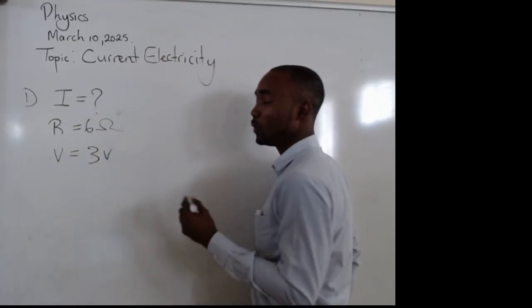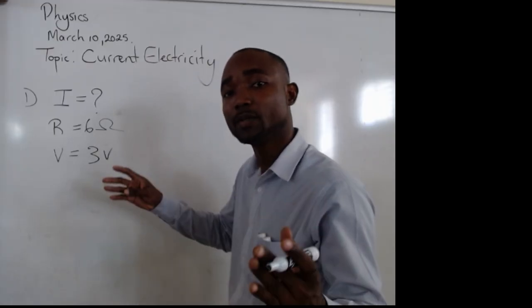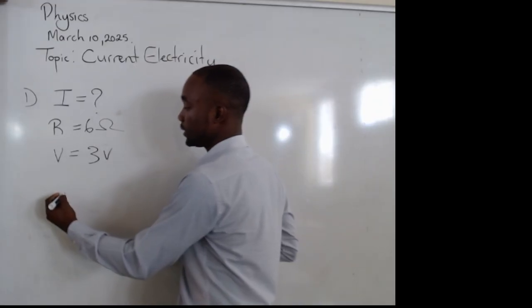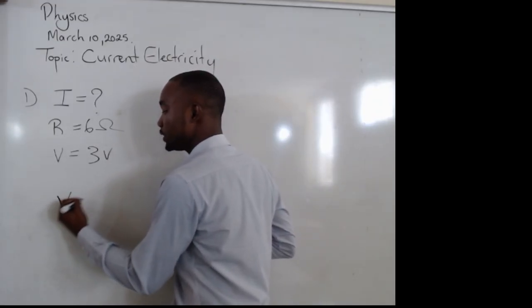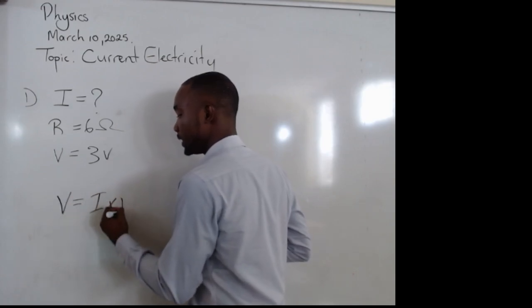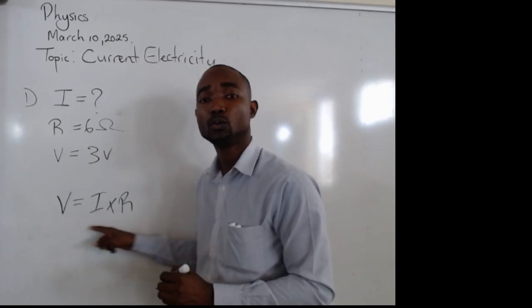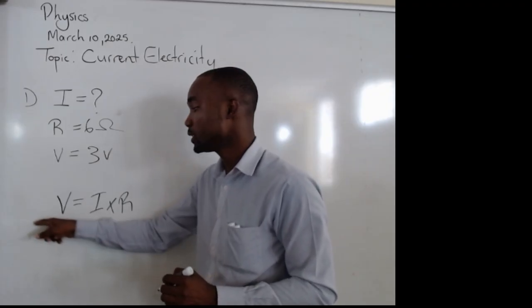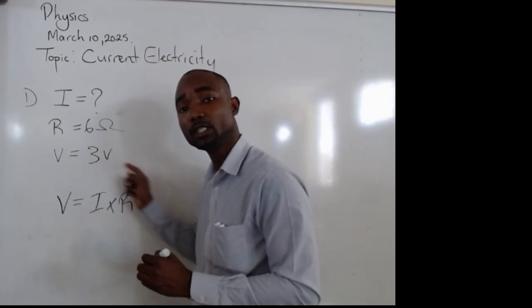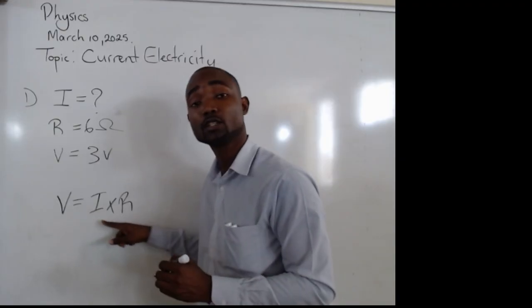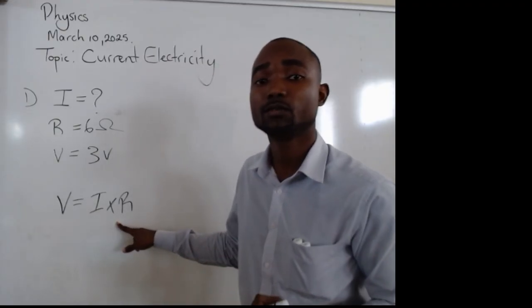Now, what is the formula for current? I typically start with this formula. Voltage is equal to current times resistance. And from here, we can find any of the other two. So this is already in terms of finding voltage, but we can find current or resistance. In this case, we need to find current.